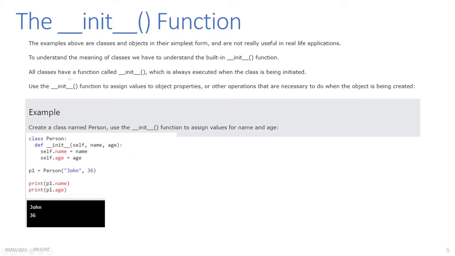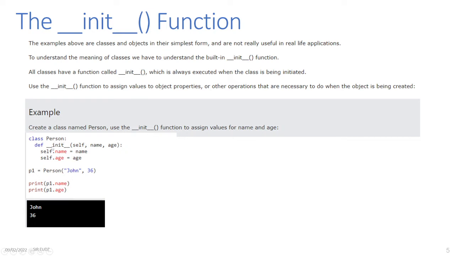All classes have a function called init, which is always executed when the class is being initiated. Use the init function to assign values to object properties or other operations that are necessary to do when the object is being created. As an example, we create a class named person and then use the init function to assign values for name and age.